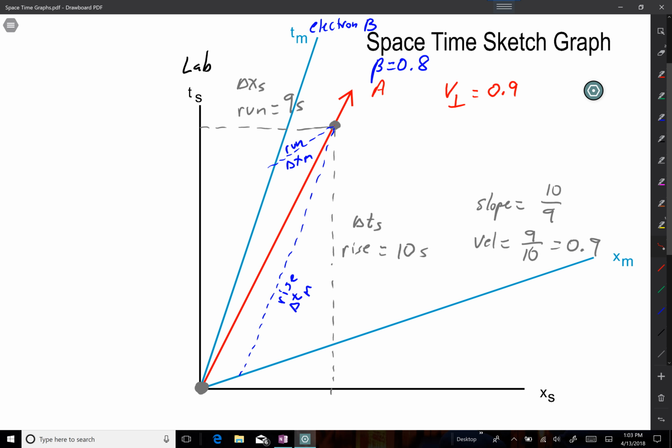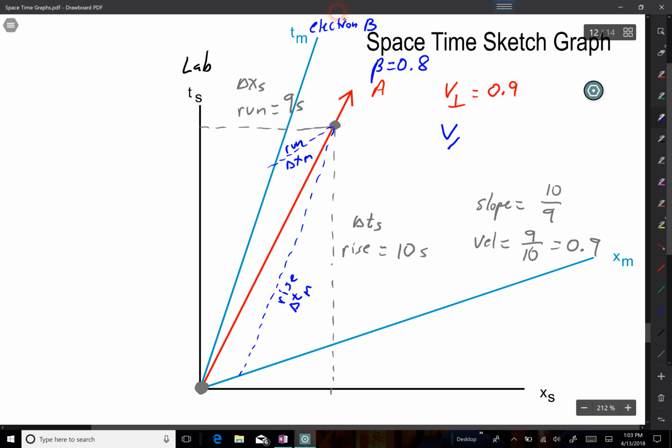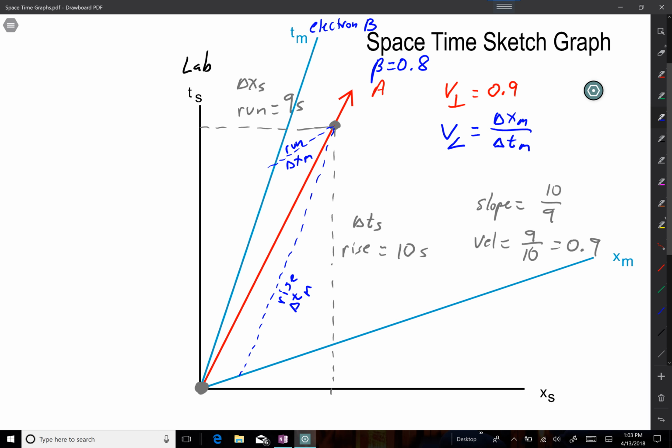And then velocity in the skewed reference frame is delta XM over delta TM. So use the Lorentz equations to calculate delta XM and delta TM, and then take their ratio, and that will give you the velocity of electron A as measured by electron B, the skewed observer. Okay?